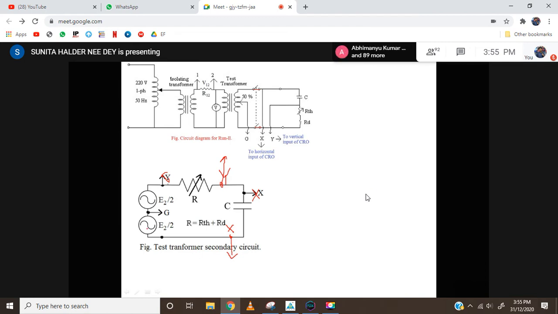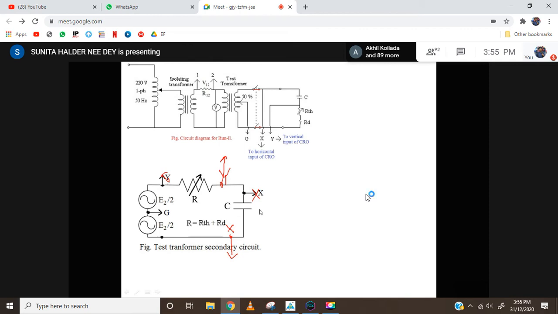You see, in between the supply and the capacitor, there is the X terminal. Here, if the total induced EMF is E2, the secondary induced EMF, then the G point divides it into two parts because we have taken from the center. So this is E2 by 2, E2 by 2. In between that, there is an RC circuit.